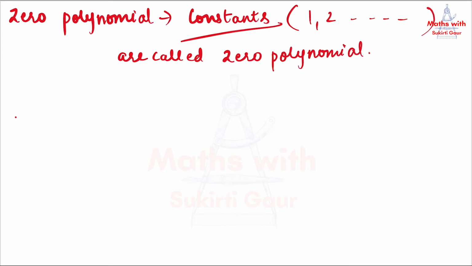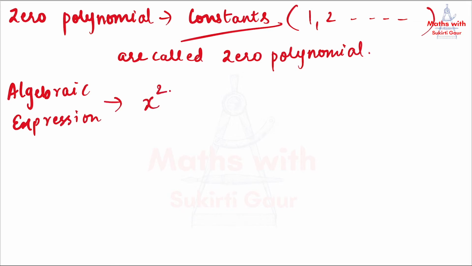We will learn about zero polynomial in higher classes in detail. Now we are going to learn about some algebraic expressions like x square plus 1 upon x square, or x cube plus 1 upon x cube.